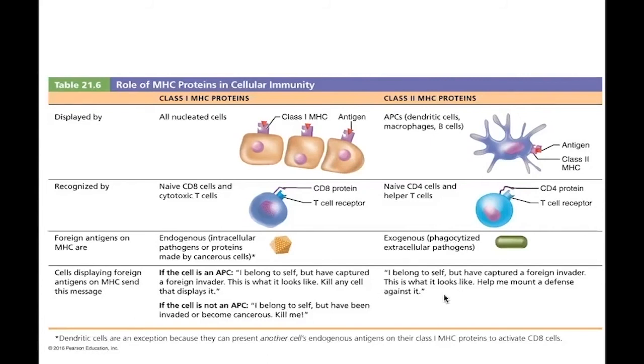The message being sent to the CD4 cell, the T cell, is that this is what the foreign invader looks like. Go look for it. I've eaten it. I'm expressing the antigen, one of the molecules from the foreign invader. Go look for it and get rid of it.